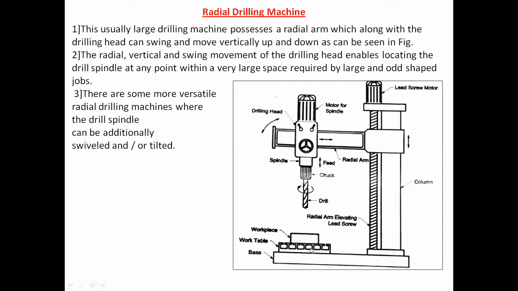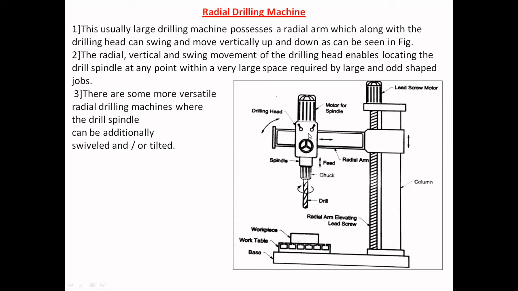That means it is movable. In this case it is fixed. The workpiece is fixed on the work table, and the drill tool is rotating, as well as there is up and down motion of the drill. With the help of chuck and spindle, this power is given by the motor.